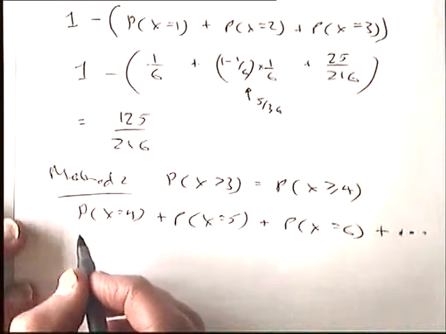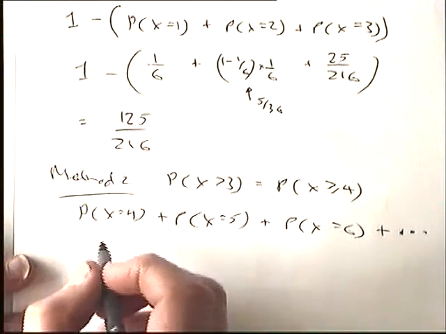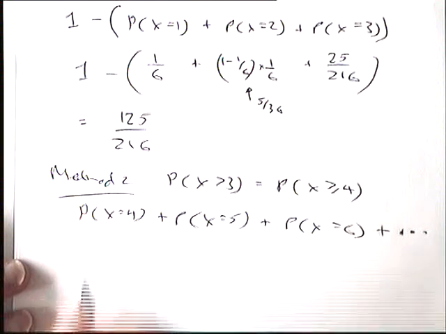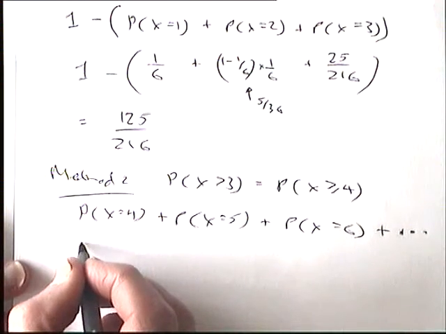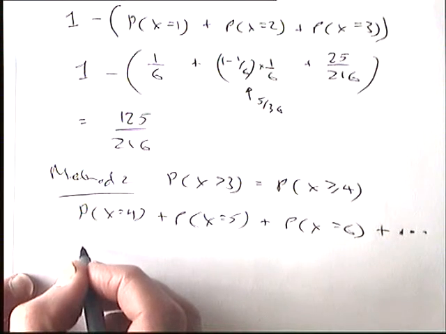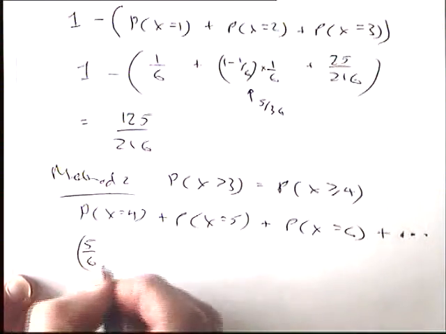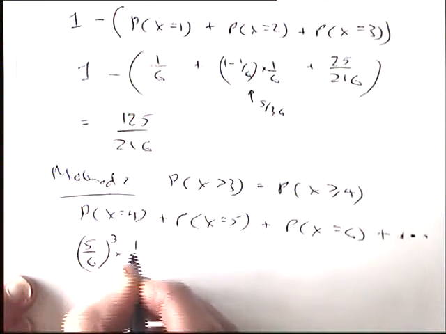Jack, what will be the calculation for the x equals 4 one? Can you tell me the calculation for the x is 4 one? 1 minus 1/6, which I'm going to write down as 5/6, cubed, times 1/6. Okay.